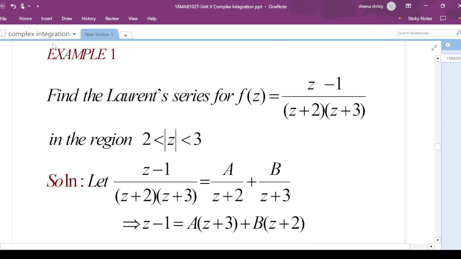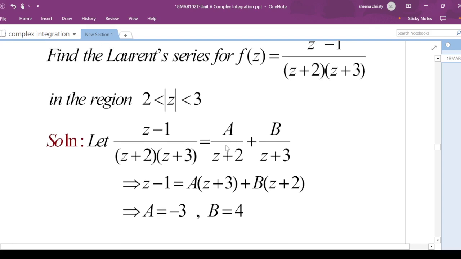Here, to find the Laurent series expansion, we have to have a single z minus a term in the denominator. But in this function, we have a multiplication of z plus 2 and z plus 3. So we can divide it with the help of the partial fraction method.